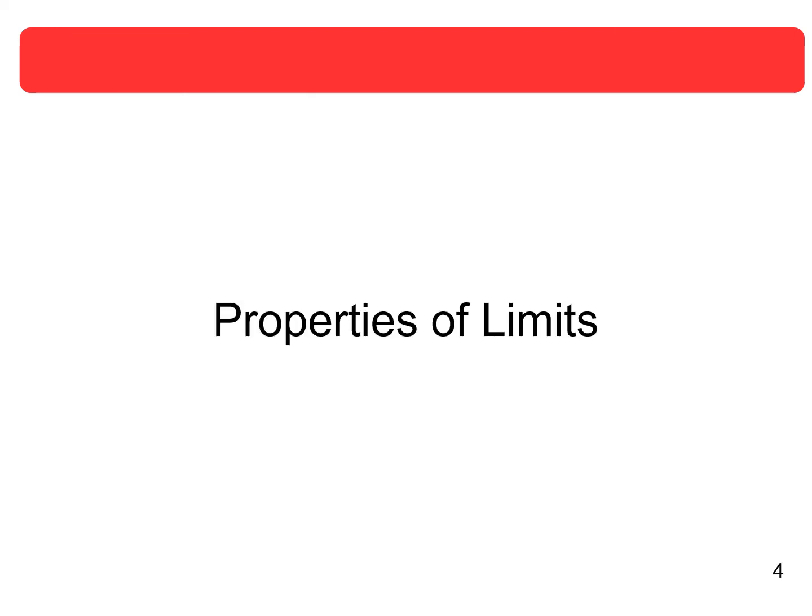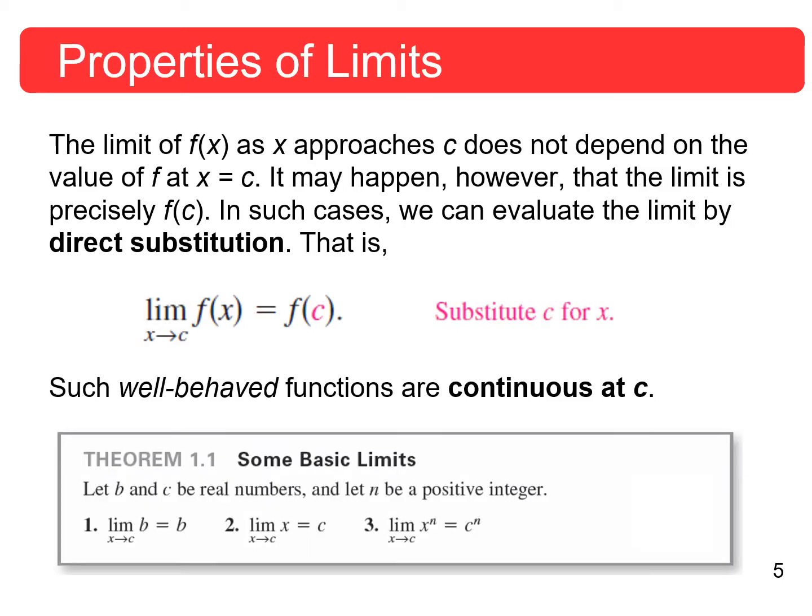First, let's talk about the properties of limits. In the previous section, we have seen that the limit of the function as x approaches c does not depend on the value of the function at x equals c. But sometimes the limit of the function is precisely equal to f of c.